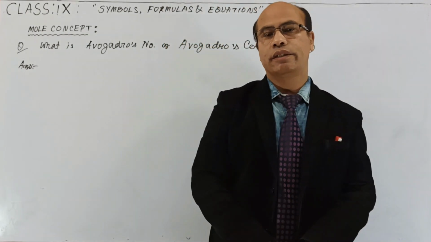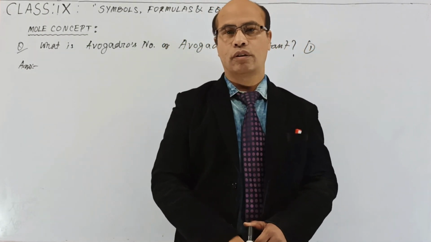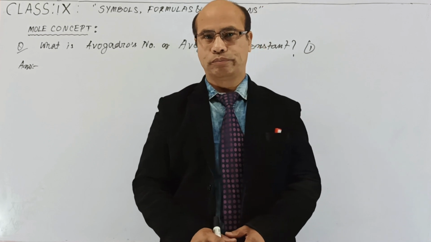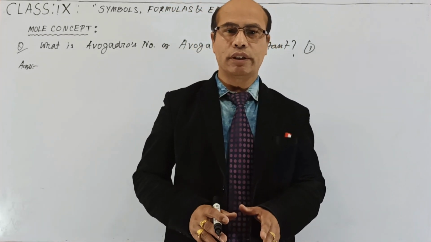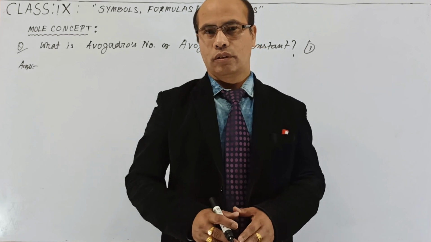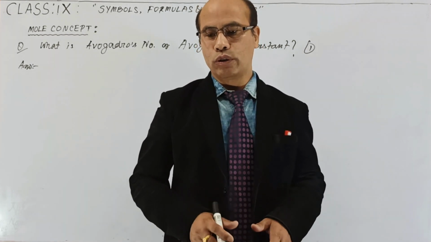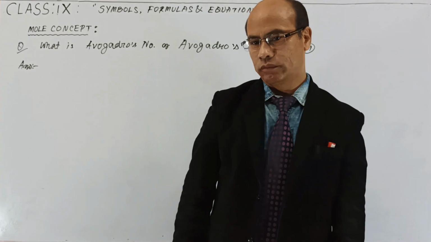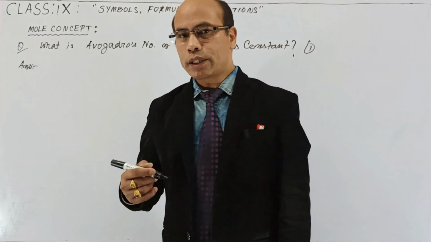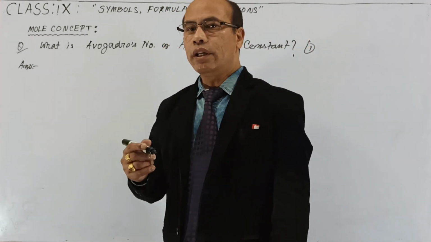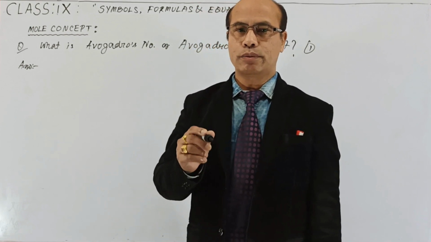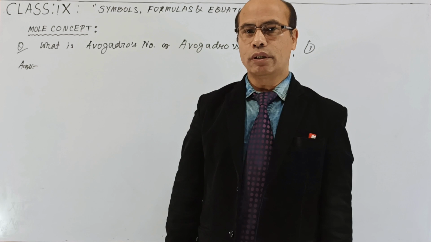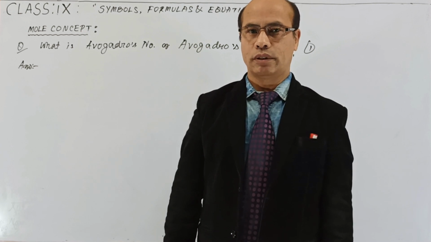So you think like this: you take 1 mole of C12 atom and measure how many C12 atoms are present in 1 gram molecule of C12 atom. Then experimentally it is found that in 1 gram molecule of C12 atom there are 6.022 × 10^23 C12 atoms.